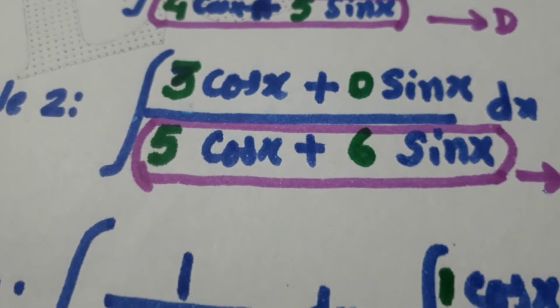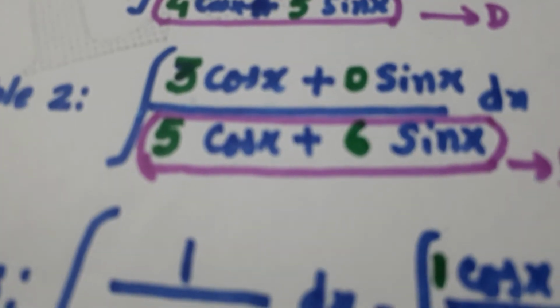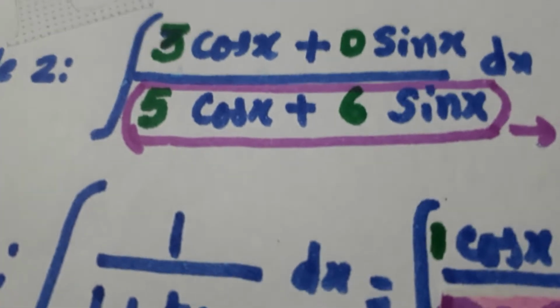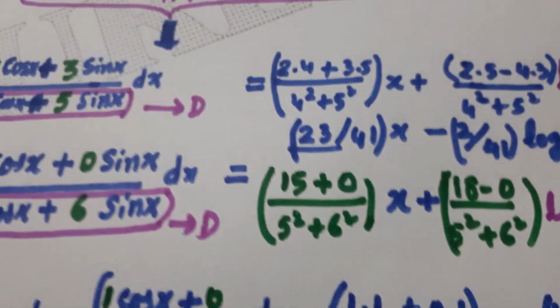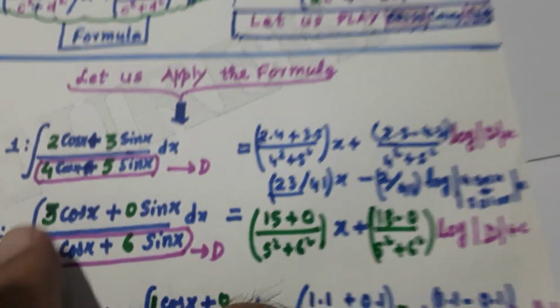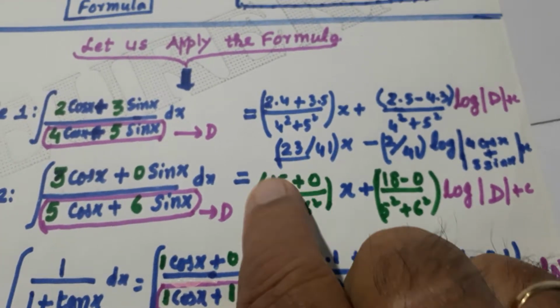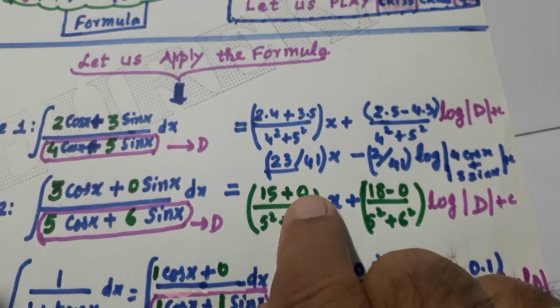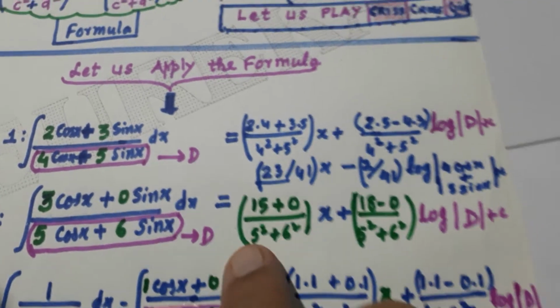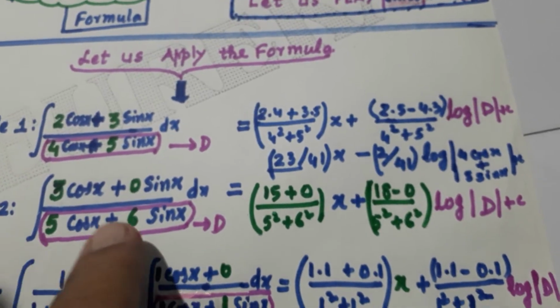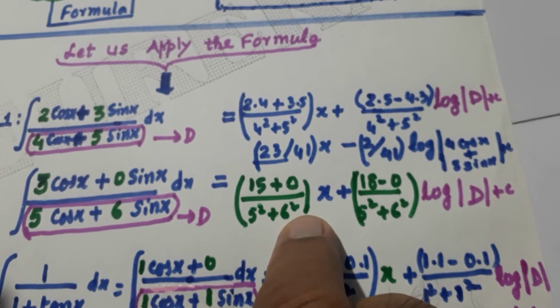A is 3, B is 0, C is 5, D is 6. So let us go with this. 3 into 5 is 15, 0 into 6 is 0, then you have to write 5 square plus 6 square here.